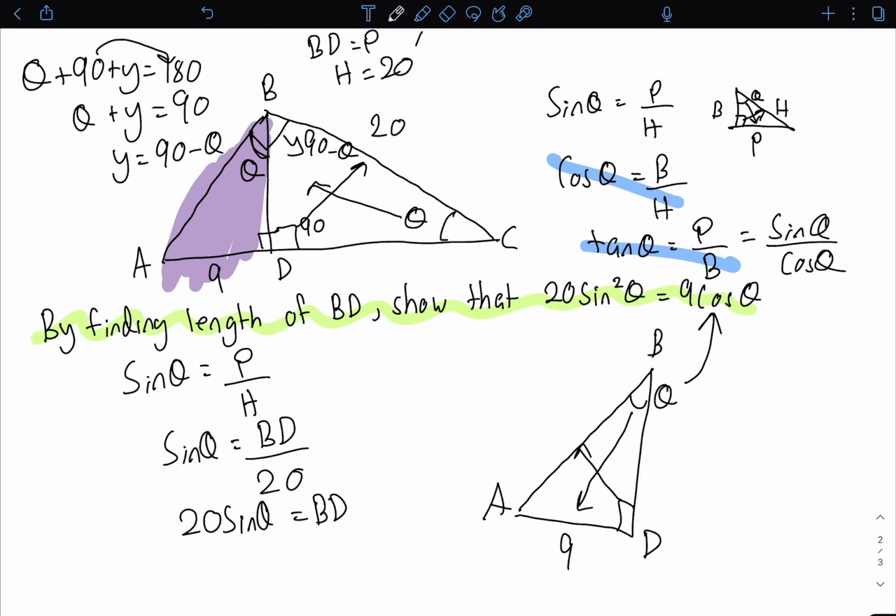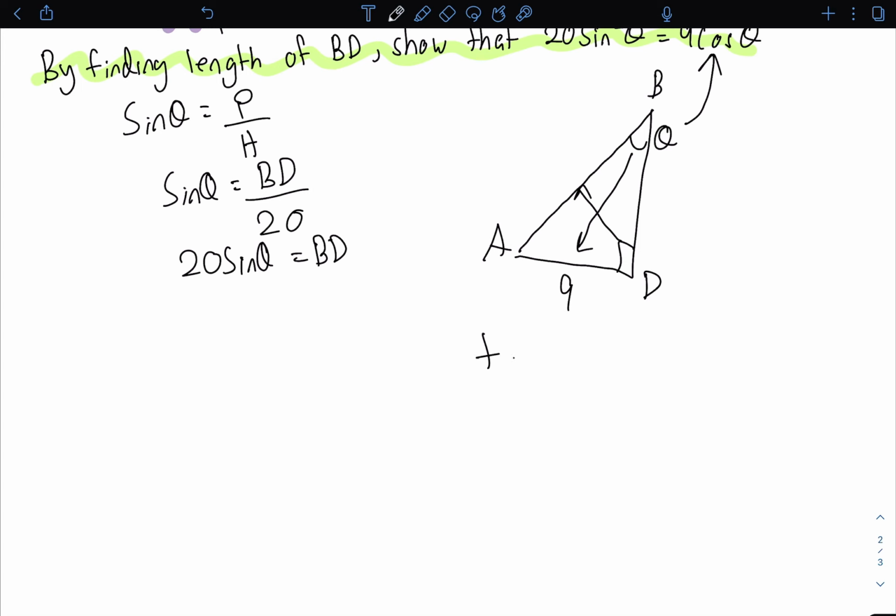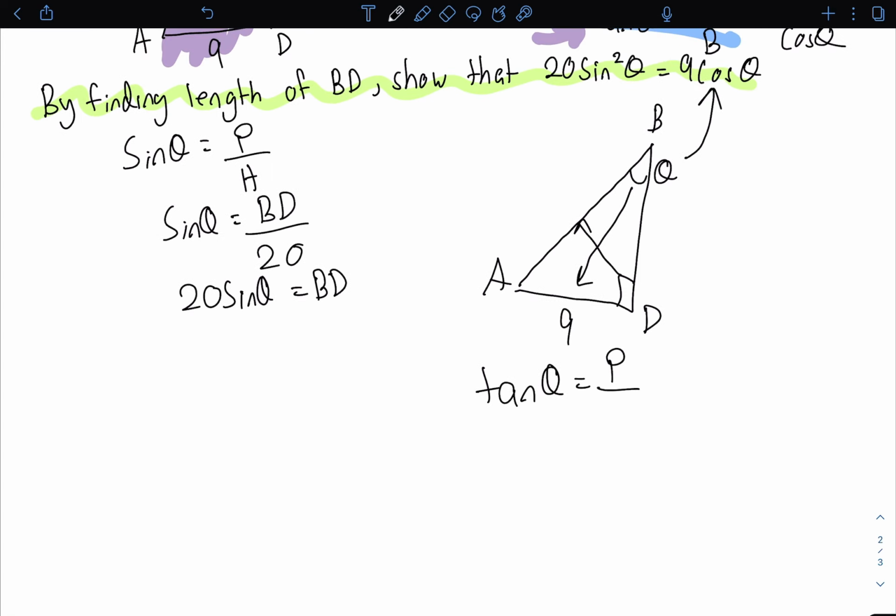Okay, so we know the perpendicular. We need to find the base. Which trigonometric ratio incorporates both the perpendicular and the base? That's tan theta. So let's write tan theta. Tan theta is equal to perpendicular over base.